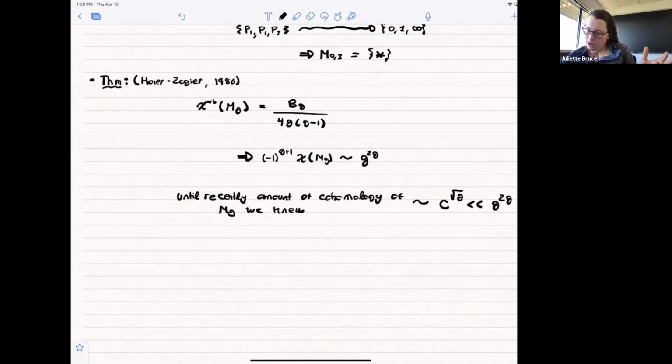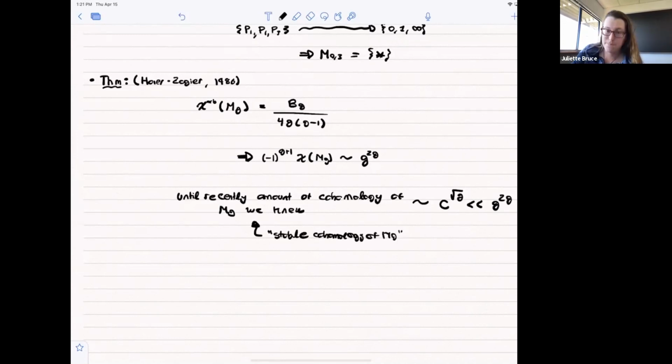And so what am I hinting at here, for people who might want to Google later? What was the cohomology we knew about before? This is things coming from something called the stable cohomology of Mg, which is work of Madsen and Weiss.